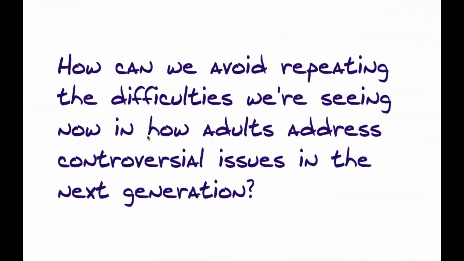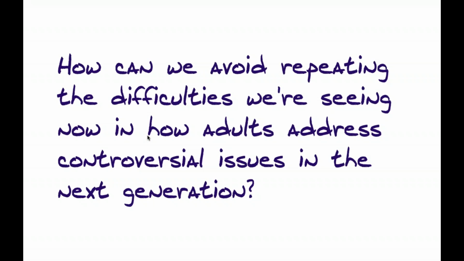And I'm going to fly past a bunch of this stuff for the sake of time. But really, a key motivator for me is trying to think about how to avoid repeating the problems that we see right now on a national stage. How can we get the next generation of adults, and hopefully change a number of the current generation of adults, to talk about controversial issues in a more productive way?